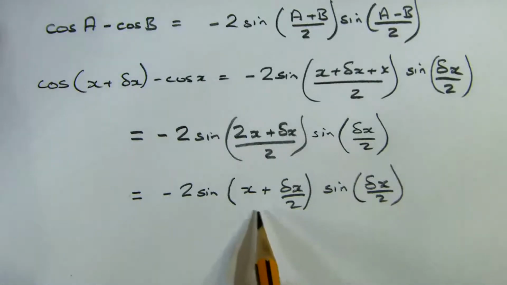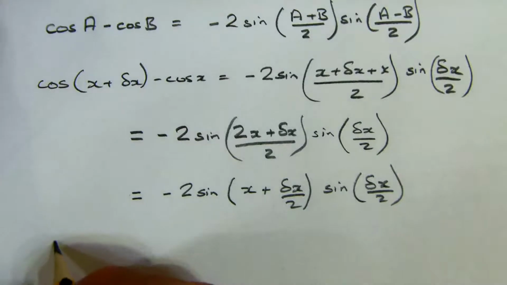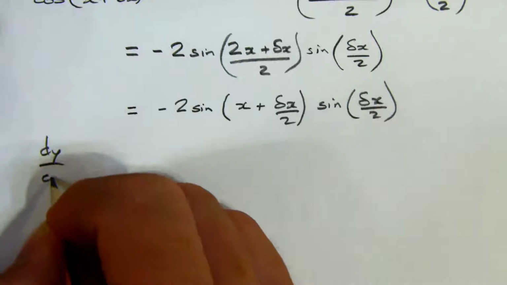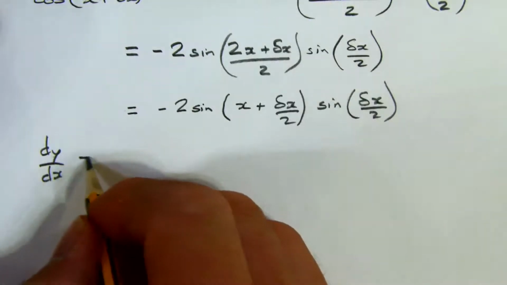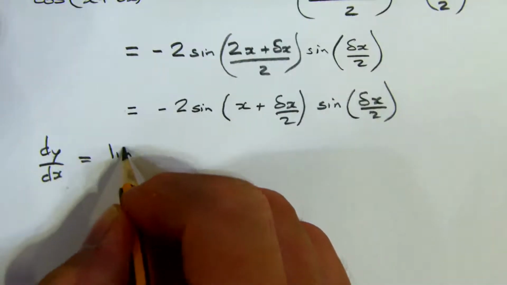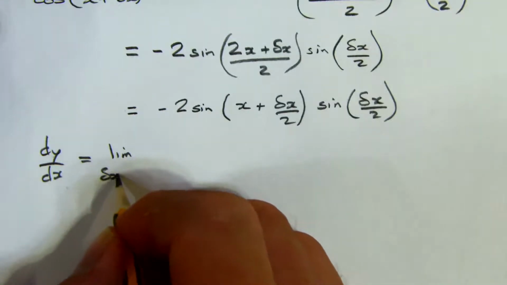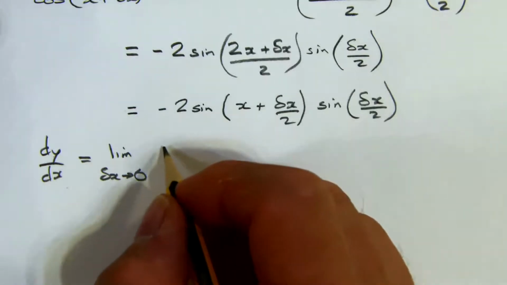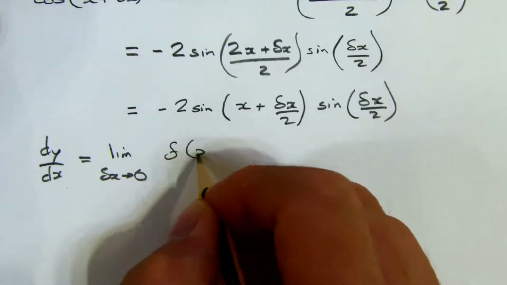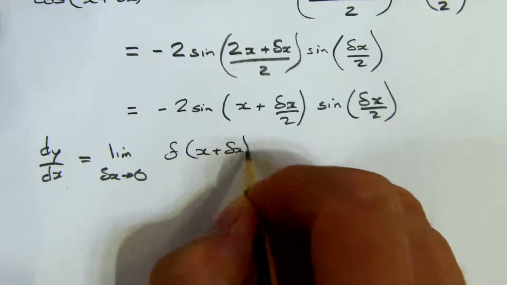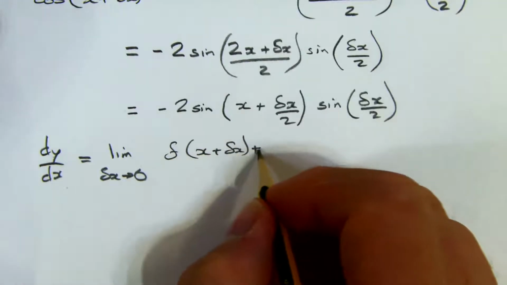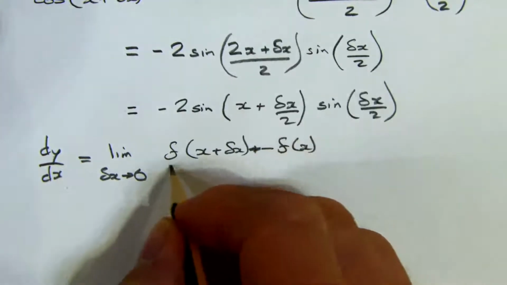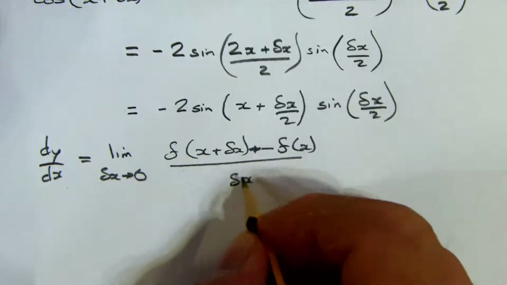Using our definition of the derivative, we've got dy by dx. This is going to be as we approach the limit of delta x approaching 0, our function of x plus delta x minus f of x, all divided by delta x.